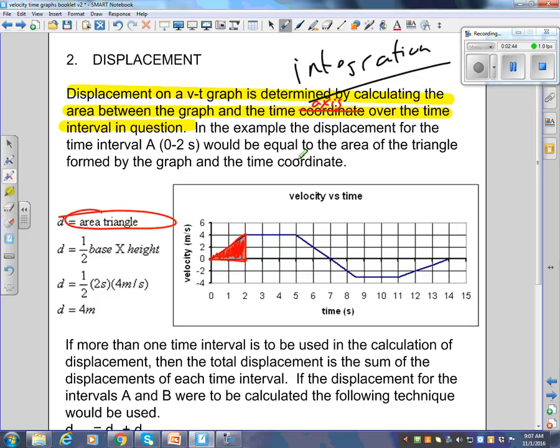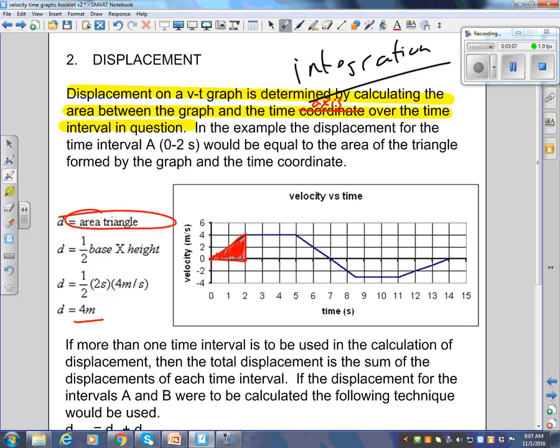So what is my base from 0 to 2? And the height of my triangle is 4. So 1/2 of 2 times 4. 2 times 4 is 8, times a half is 4 what? 4 meters. Why meters? Well, first of all, it's displacement.